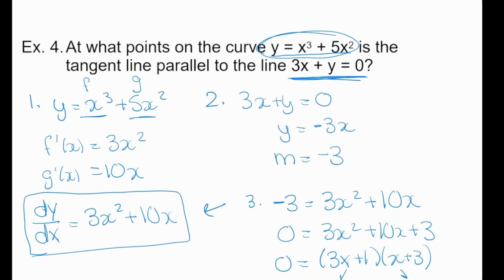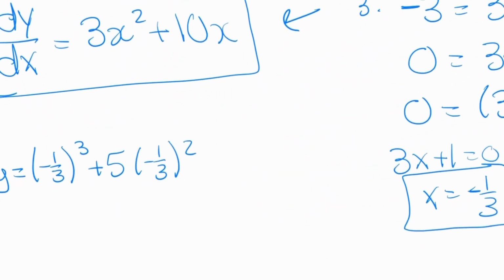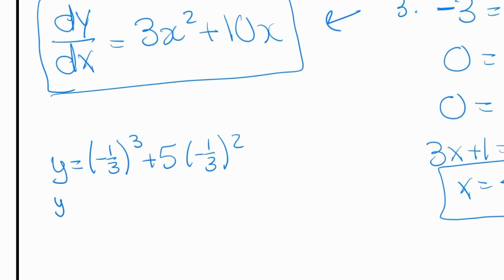So y will equal 14 over 27. I haven't said when the dust settles, so I'm going to say it now. So when the dust settles, my first point, where that slope is equal to negative 3, will be when x is negative 1/3 and y is 14 over 27.